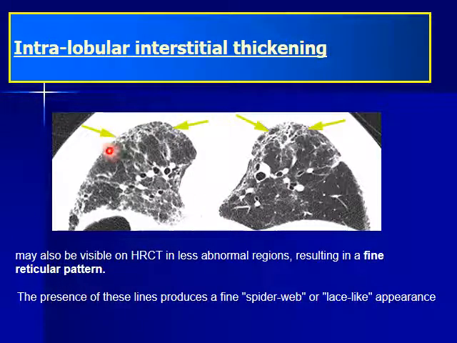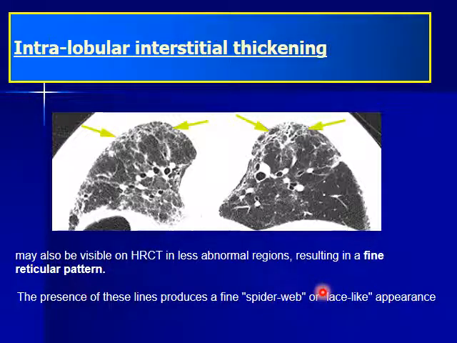The last or the fifth subcategory is intralobular interstitial thickening. It is seen as a fine reticular pattern giving what is called spider web or lace-like appearance.